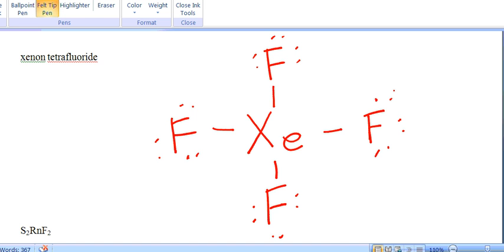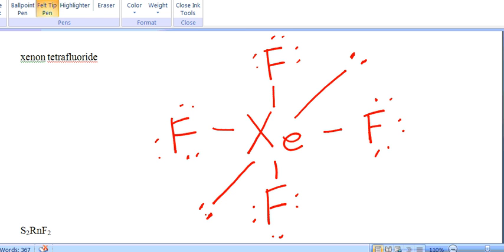So there we have 32 electrons, and 2 more make it 34, and then 2 more make it 36. So we have our 36 electrons here. So there's our correct Lewis structure.